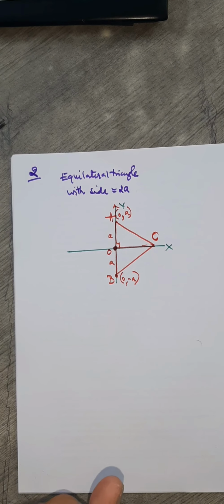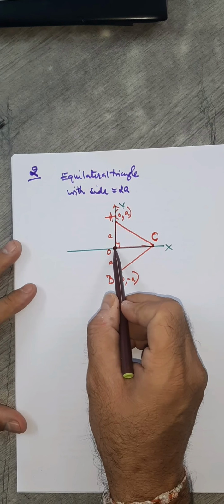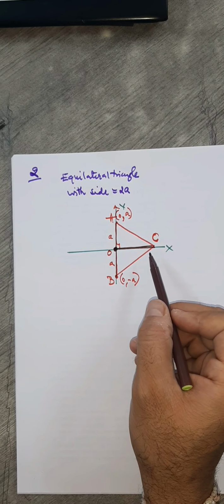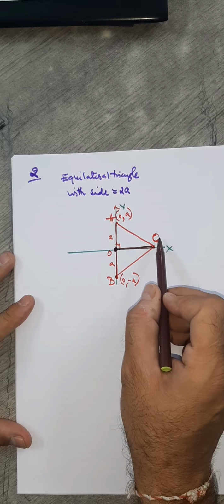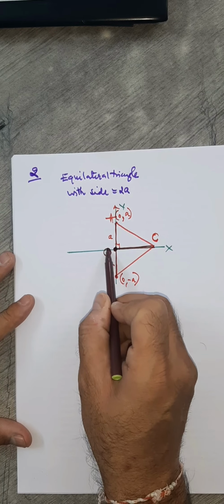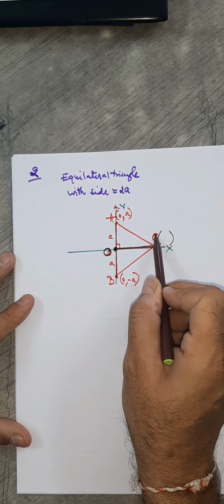It's obvious: the line segment joining the midpoint and the vertex opposite to it is perpendicular. You can see in the diagram also that this is a right angle triangle. This is the origin, this is C. We want the coordinates of C here.